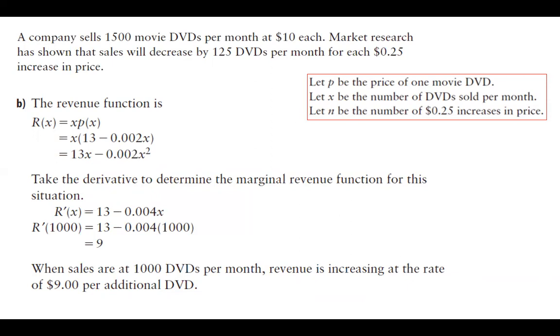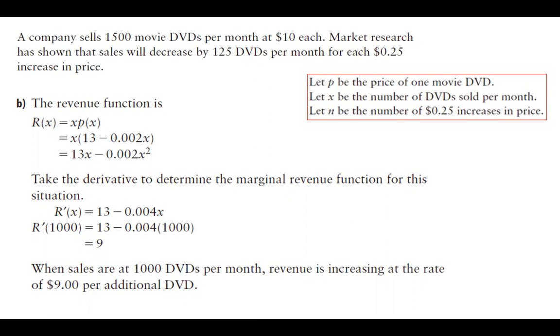So P(x) is 13 minus 0.002X, times X. That gives us a revenue function, which is R(x) equals 13x minus 0.002x squared. Then in order to find the marginal revenue, you need to take the derivative, which means R'(x) or dR/dx is 13 minus 0.004x.